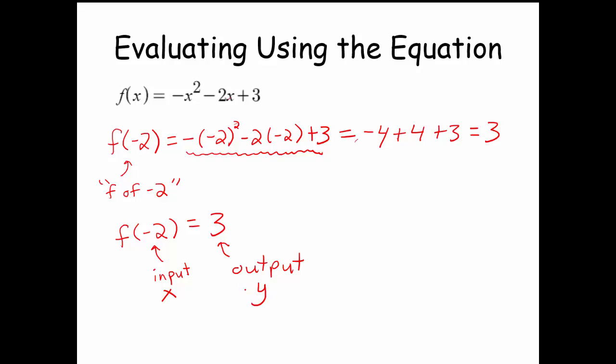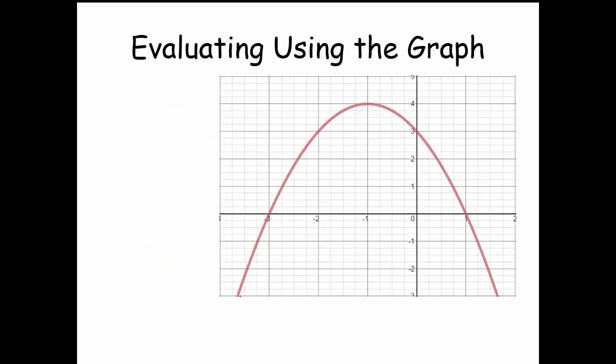So how could we corroborate this by looking at the graph? This is really nice when you look at the graph, because if I want to evaluate f of negative 2, I need to look at when x is negative 2, what is the y value for the point on the function that has an x value of negative 2?